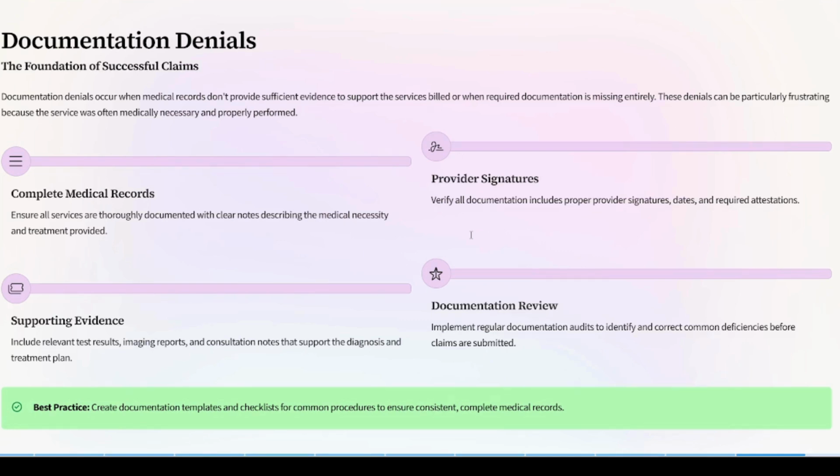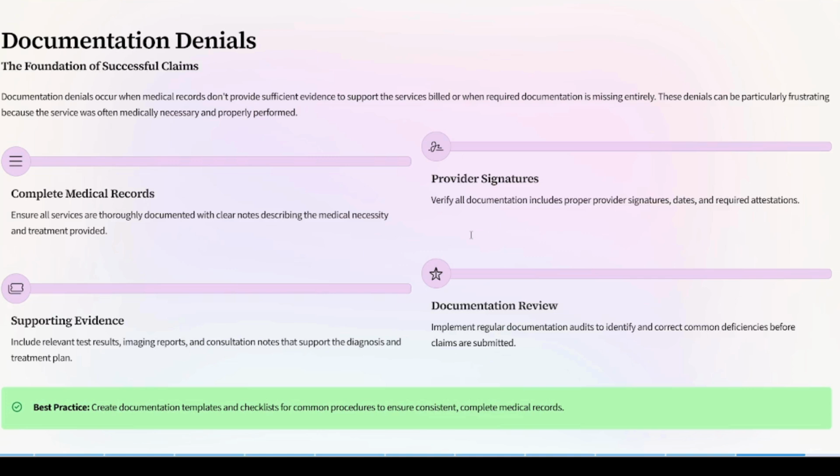You want to make sure that you have provider signatures. Verify all documentation includes proper provider signatures, dates, and required attestations. Okay? In the correct place. No stamps, legible, all that type of stuff in reference to provider signature.